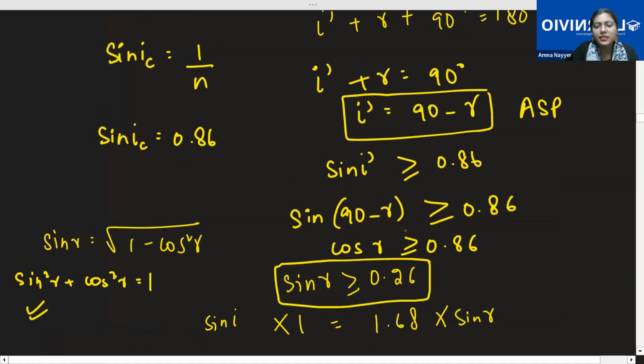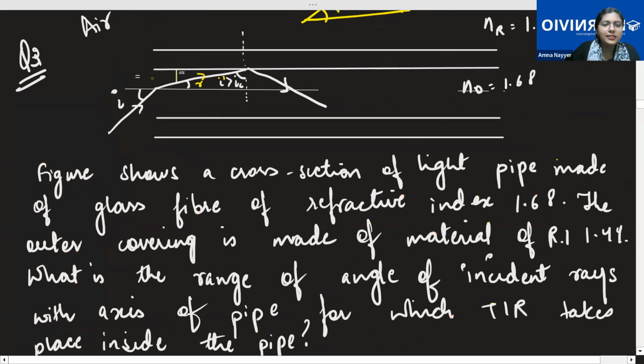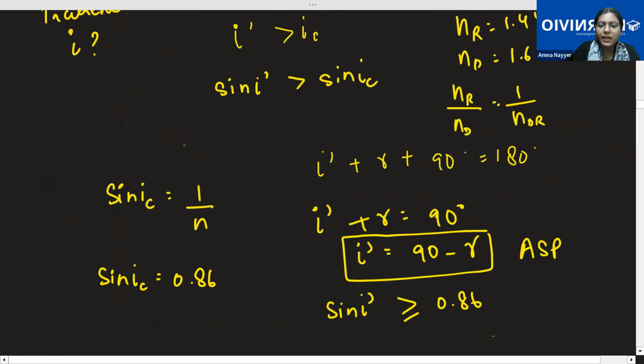Now, once sin R is there, let's say this is some point n. At n, we'll apply Snell's law.